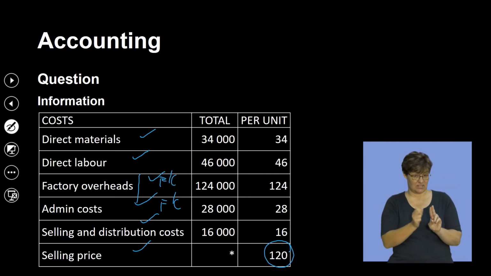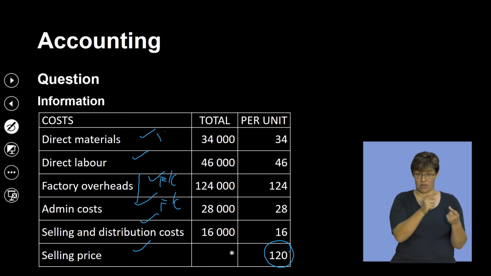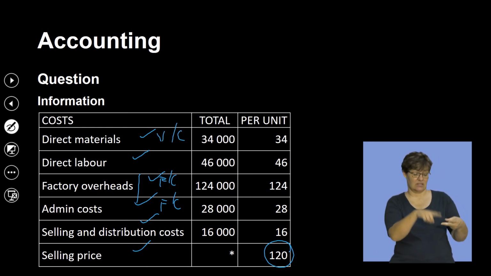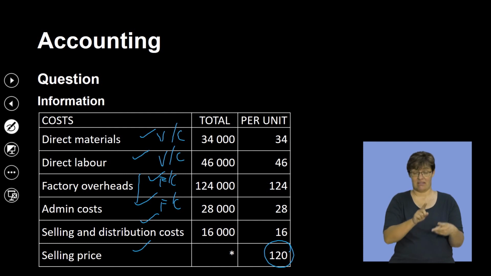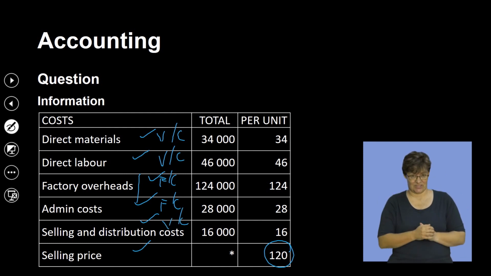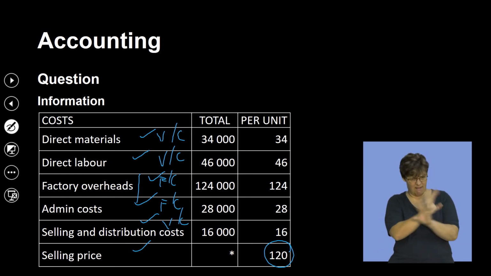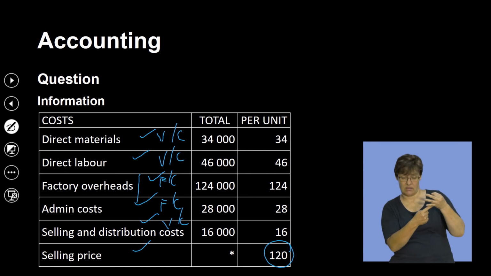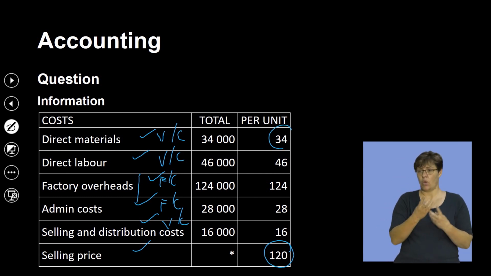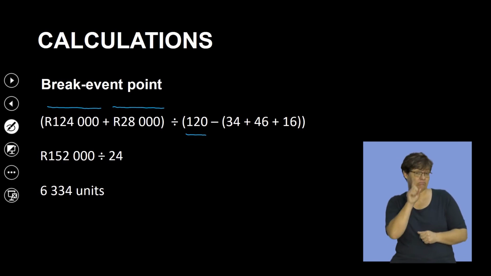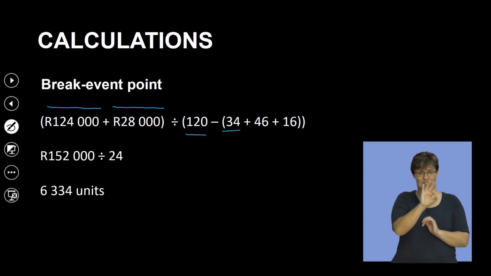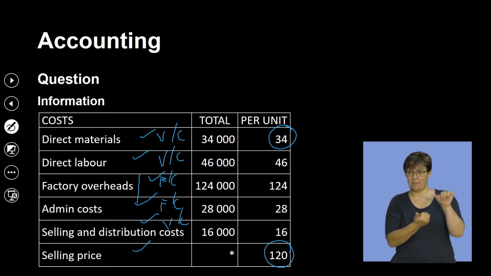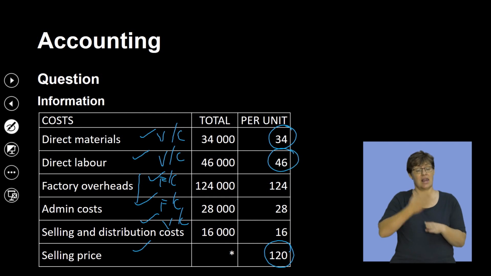Remember, direct materials is a variable cost, direct labor is a variable cost, and selling and distribution is a variable cost. So clearly, I've identified my variable costs, and I want their cost per unit. So materials per unit is 34. Watch. Minus 34. Go back. Find my labor, which is 46.